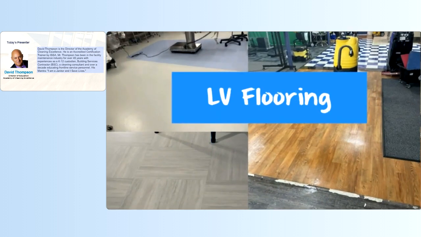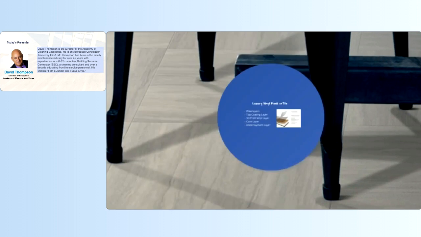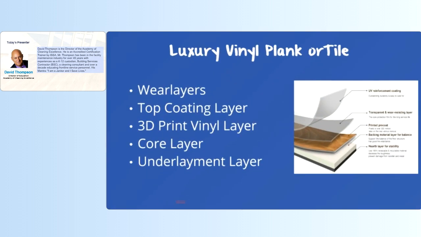On the other hand, here we have all of the different types of LVT. And as you can see, we have the plank floor here. We have the tiles here, and here we have the sheet goods, or roll, if you will, depending on what size it is. So for all of this luxury vinyl floor, what is going on? Well, there's wear layers. This is what you're walking on, the top.